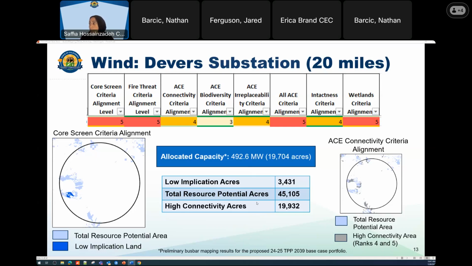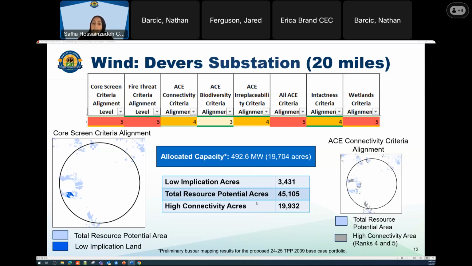So this plus, again, the amount of area that the allocated capacity takes up, as well as just the percentage of the high connectivity acreage with the total resource potential area.